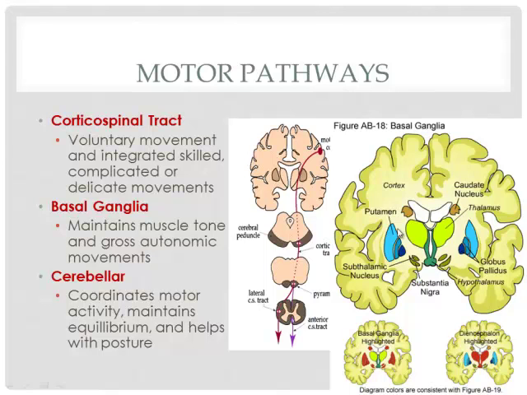We're talking about these areas right here, and the basal ganglia is also important for muscle tone. In the basal ganglia, there are two distinct pathways that we'll talk about later.